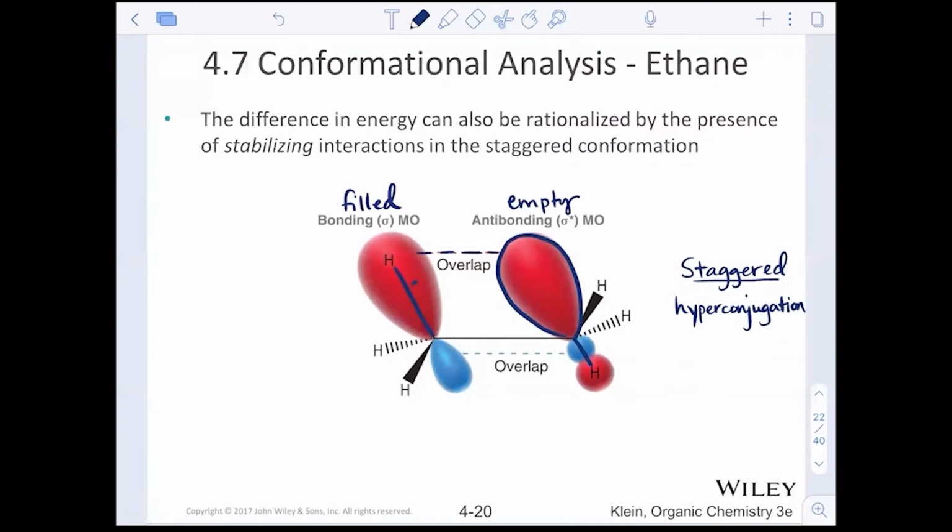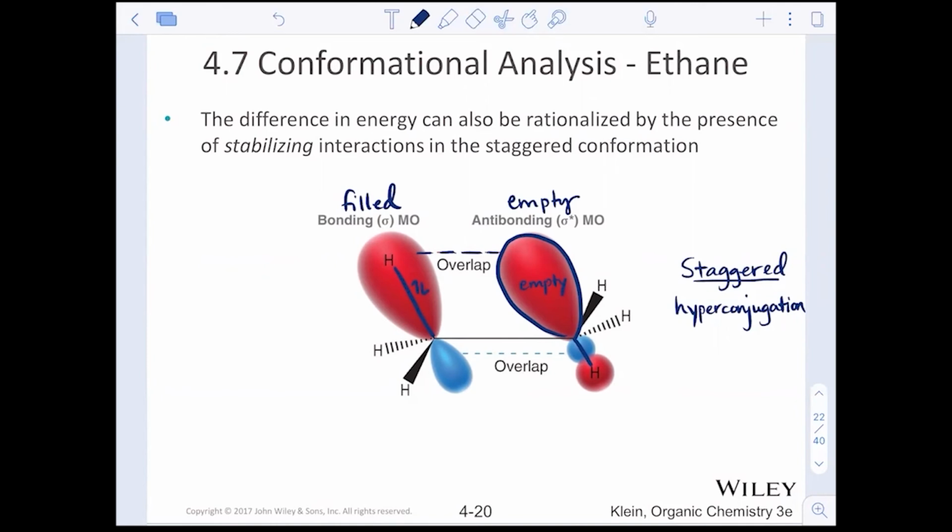Now this is filled. There are 2 electrons here. This one is empty. And it's also antibonding. It's high in energy. These electrons in the filled bonding MO, the sigma bond between carbon and hydrogen on one side, are able to push some electron density into the antibonding orbital.